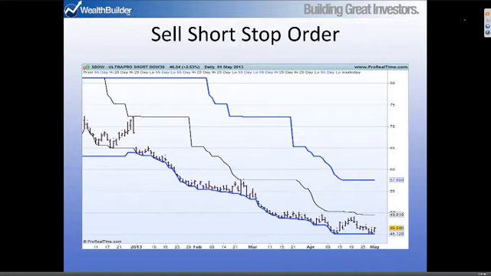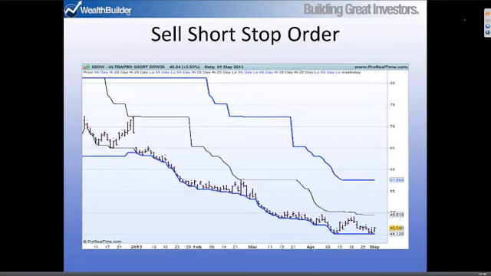When the price touches that level that we've specified, it changes from a sell short stop order to a sell market order, and then we're in the trade. Remember that the benefit of a sell short stop order is that you only sell short if the price is showing downward momentum. In other words, it's a breakout in the direction that you want to go.